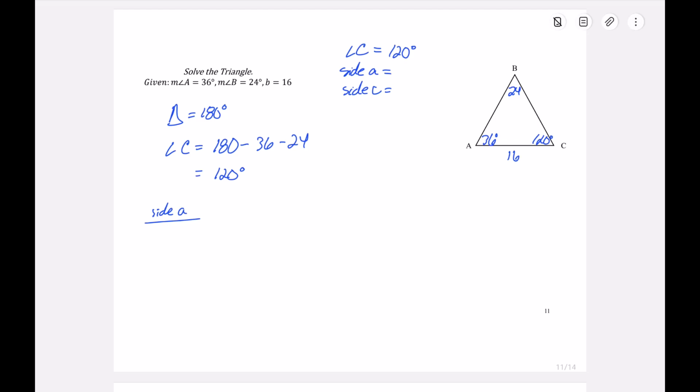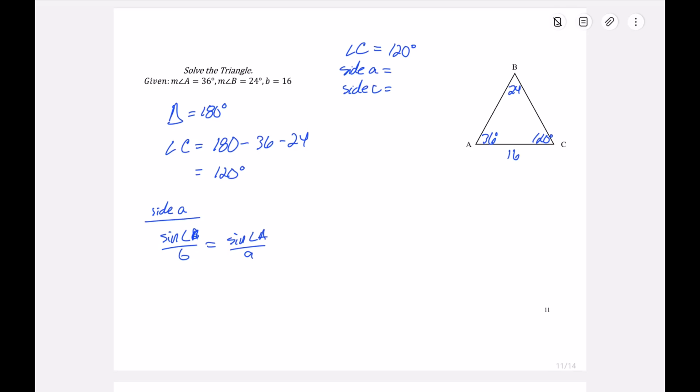And if we look at the law of sines, we can use sine of angle B over B equaling sine of angle A over A. Sine of 24 over 16 is equal to sine of 36 over A, which is what we're looking for.